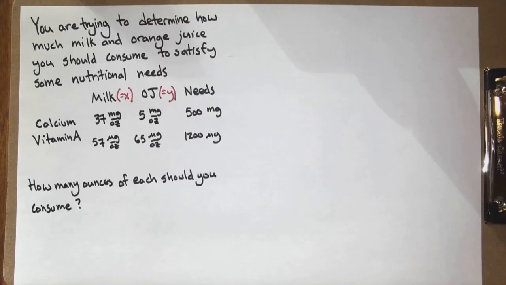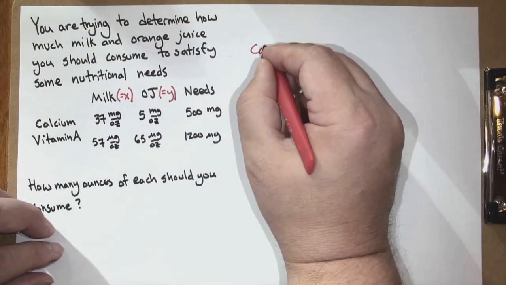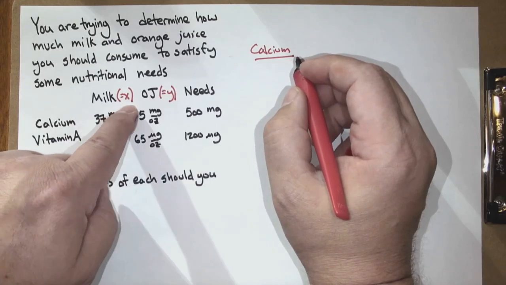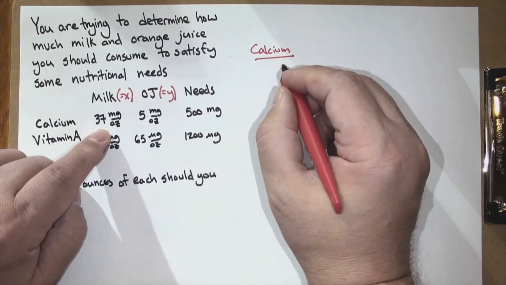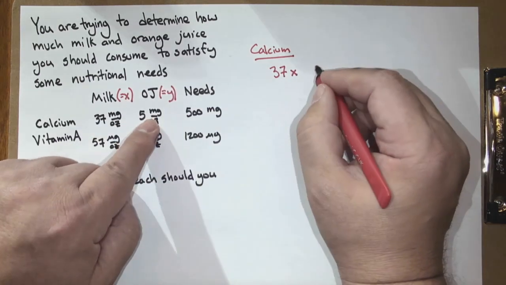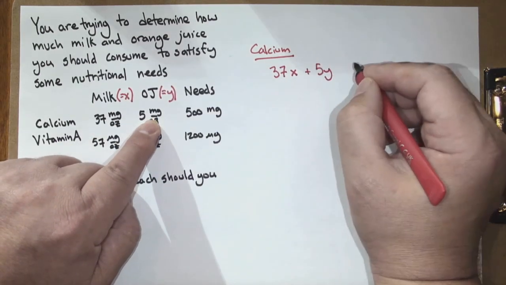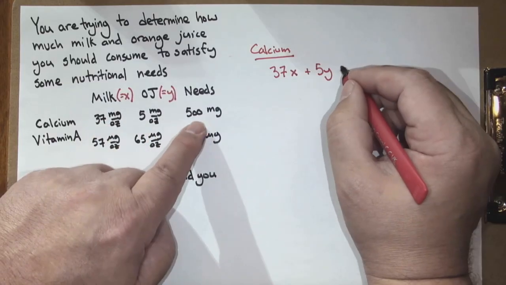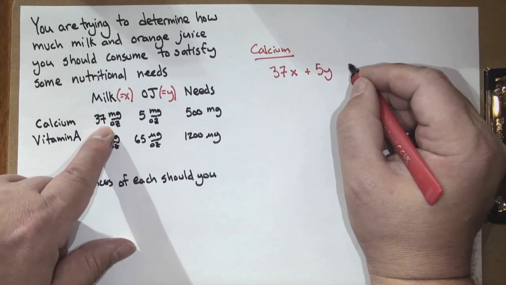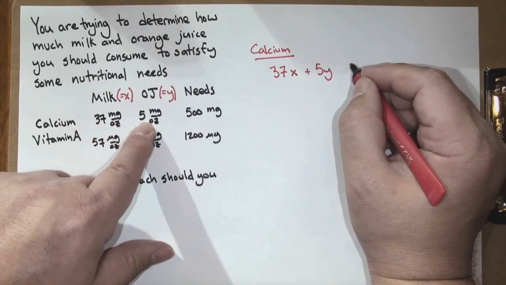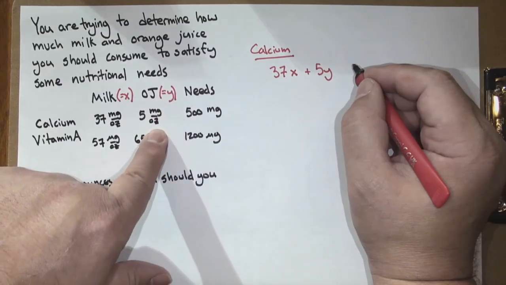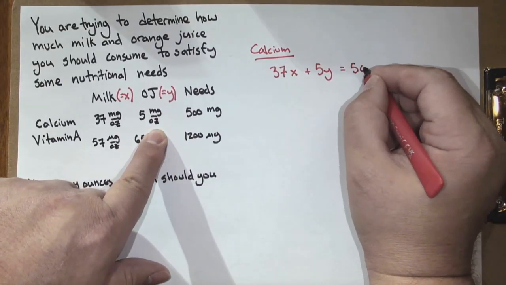So we need to satisfy two things. We have our calcium requirements. Now, when we talk about X and Y, these are ounces. So for calcium, we'll take 37 times X plus 5 times Y. And that's how much calcium we're getting. Because we have 37 milligrams per ounce times X ounces from the milk, 5 milligrams per ounce times Y ounces from the orange juice, and altogether we need to get 500.